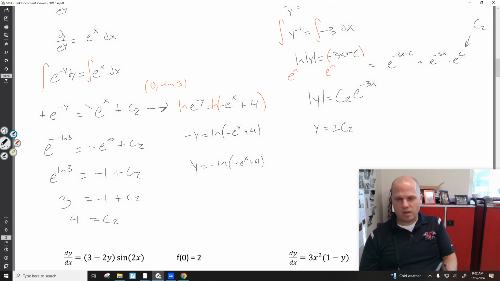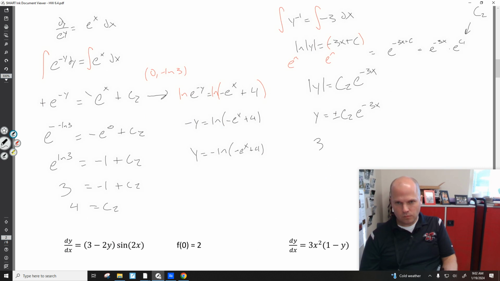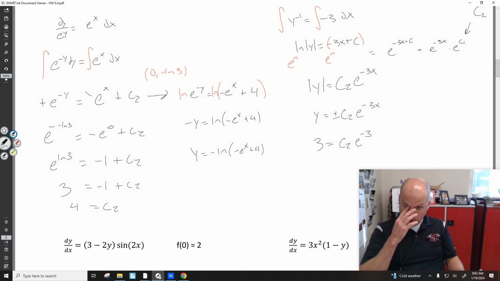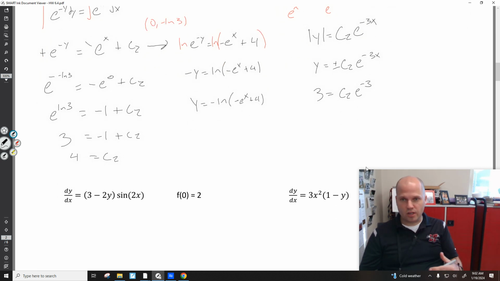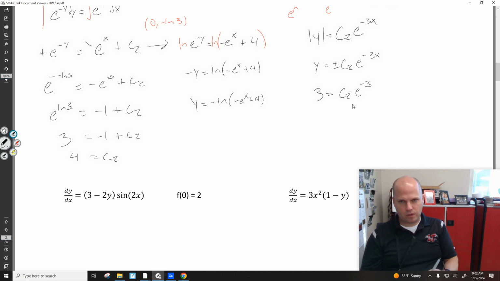Plus or minus gets rid of the absolute value. When I plug in 1, 3, ignore the plus or minus because we will find the correct sign. So another good example, you can divide by e cubed. You can divide by e to the negative third, or you can multiply by e cubed. You can rewrite e to the negative third as 1 over e to the third, multiply by e cubed, or you can divide both sides by e to the negative third.